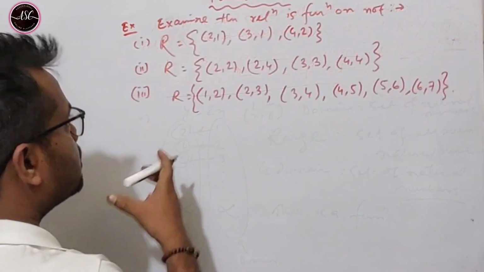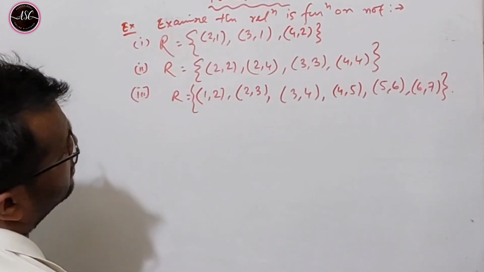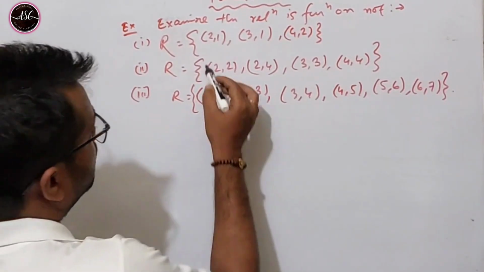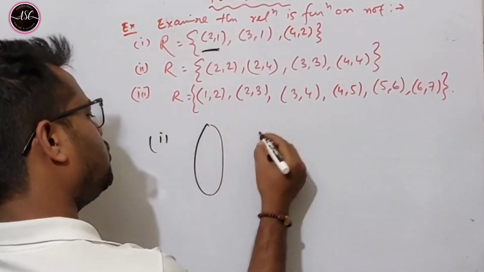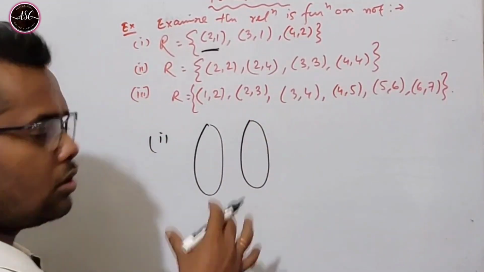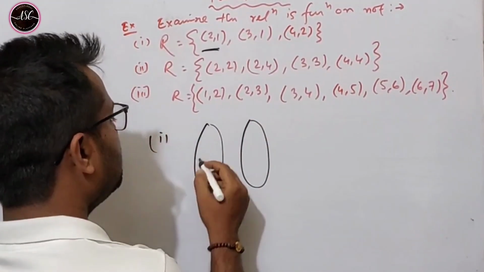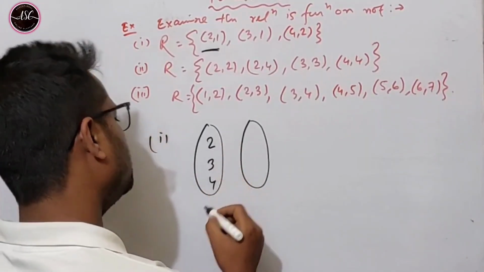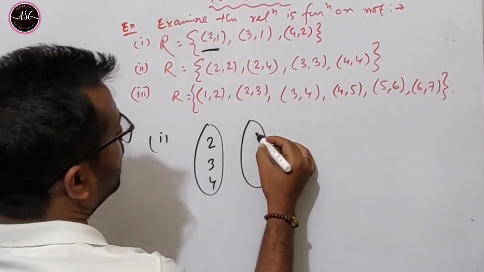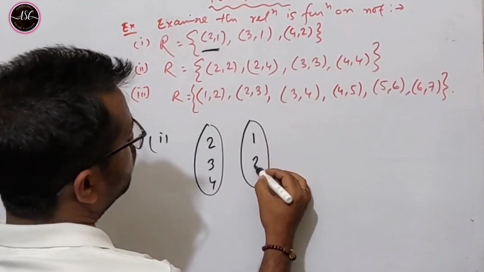Okay. Just look at this. Here the question is, examine whether the relation is a function or not. So look at this first. Here, if I draw this diagram, then here 2, 3 and 4 in the domain, and there is 1 and 2.